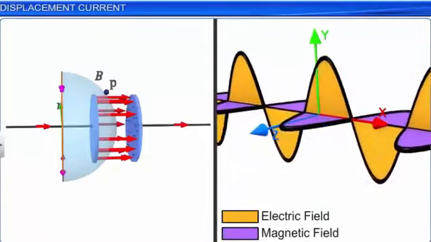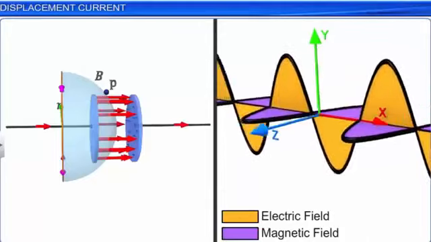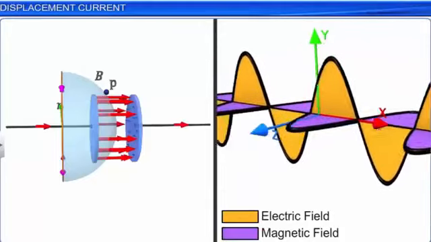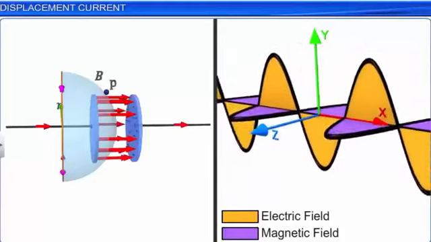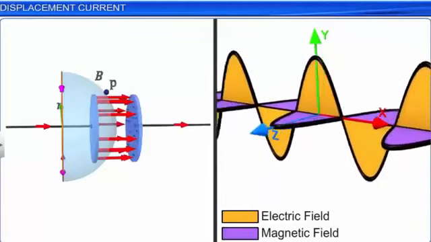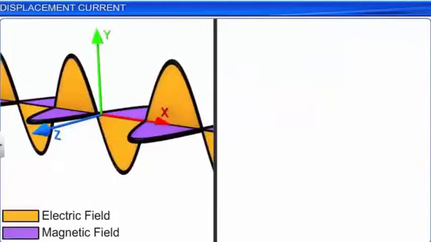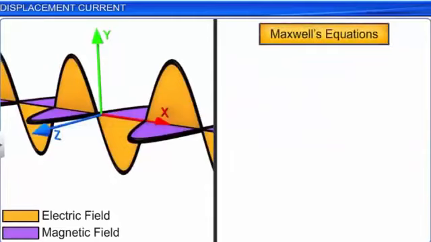Now, let us have a look at the set of equations originated from different sources that helped the study of electromagnetic waves. These equations are popularly known as Maxwell's equations. They are: the integral over the closed surface E dot dA is equal to Q by epsilon naught.